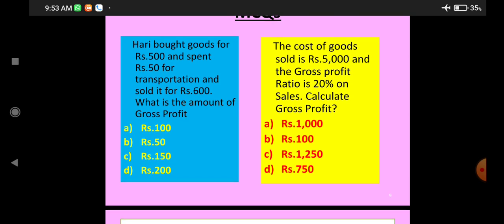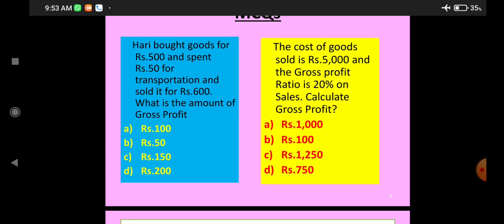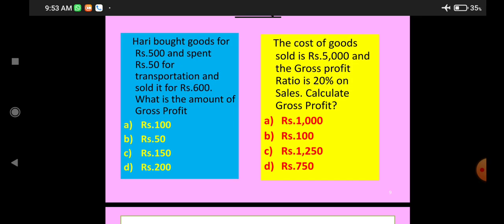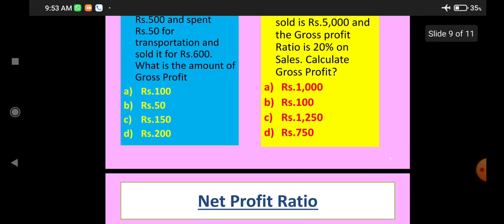So 20% on sales means 25% on cost of goods sold. That means 25% of 5000, that is 1250. 1250 rupees is the correct answer, so option C is correct. We can expect questions like this from the board in term 1 or term 2 examinations.